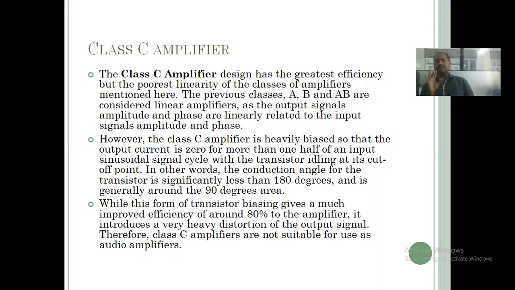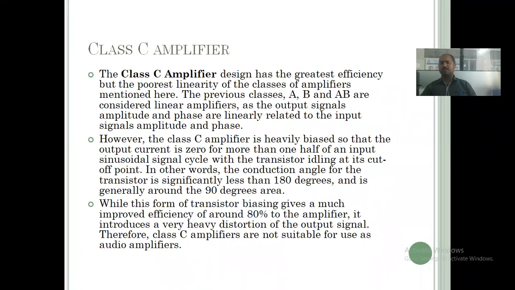This is the reason the class C amplifier is not used for the audio power amplifier, because audio requires that whatever information is sent should be received at the destination. That is the main requirement for audio, but this does not happen with the class C amplifier. In an audio amplifier, all the data transferred should be received at the receiver.